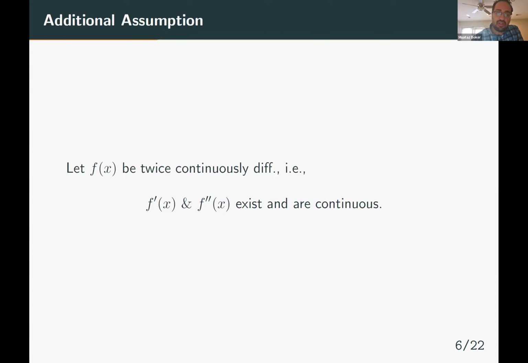All right, let's now consider an additional assumption, that is, let f be twice continuously differentiable. So both f prime and f double prime exist and are continuous.